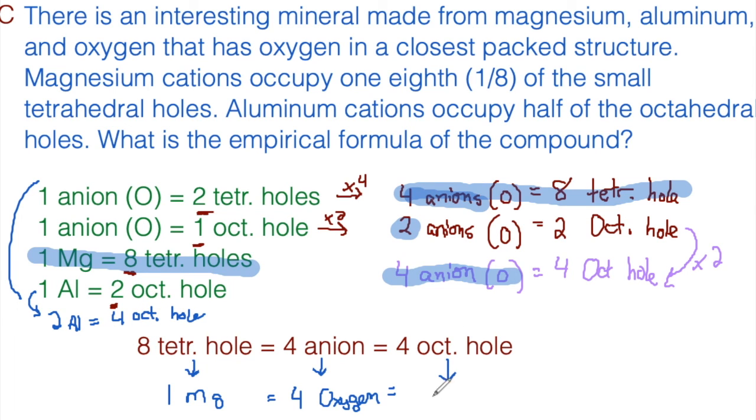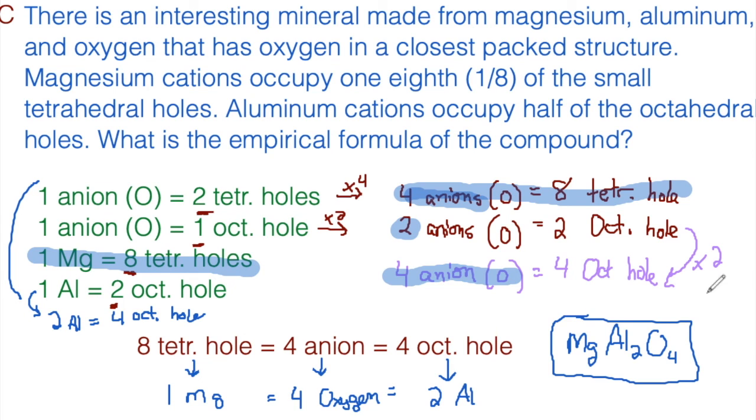So 4 octahedral holes would mean 2 aluminum. So our formula must have a ratio of, for every 1 magnesium, we have 4 oxygen and 2 aluminum. So our empirical formula would be 1 magnesium, 2 aluminum, and 4 oxygen.